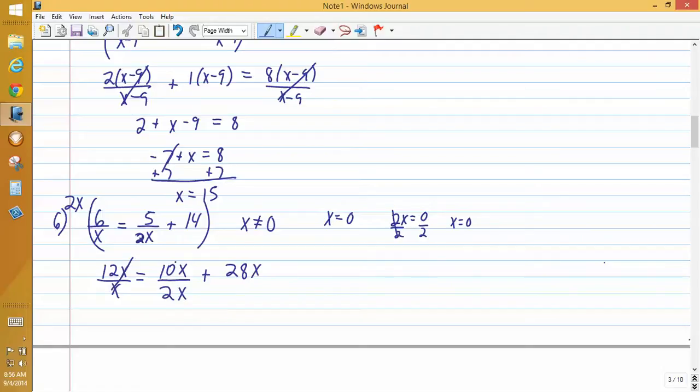Now cancel things out that cancel. Every denominator should cancel out. If it doesn't, we messed something up. So you see I have 12 equals 5 plus 28x.